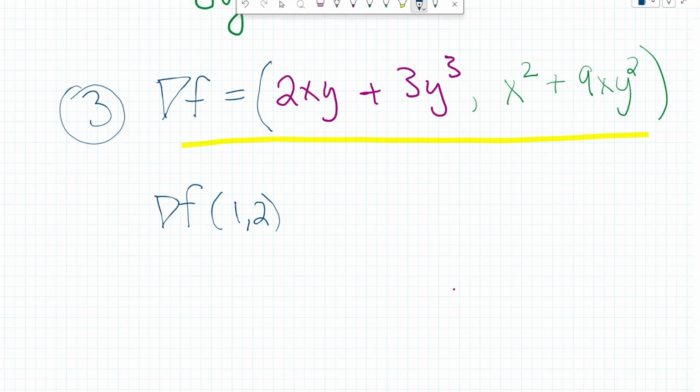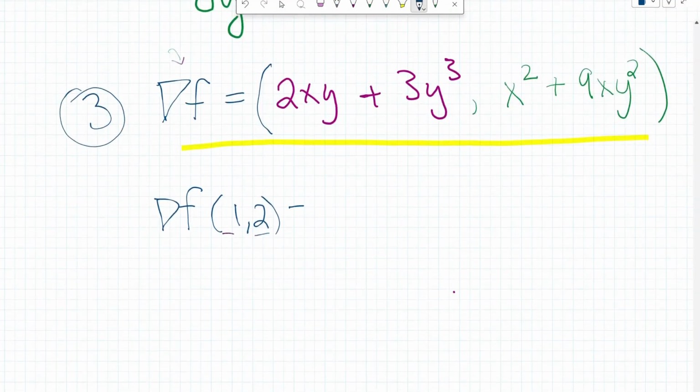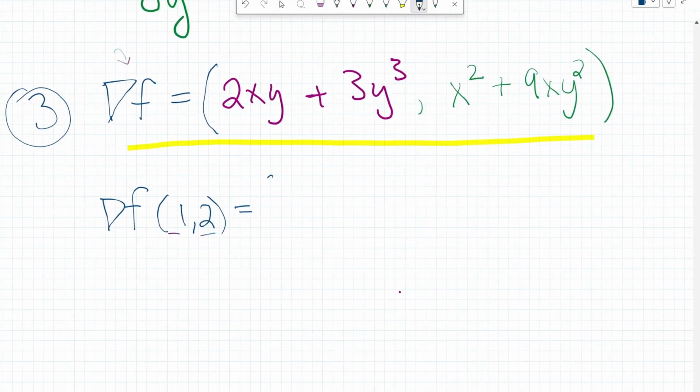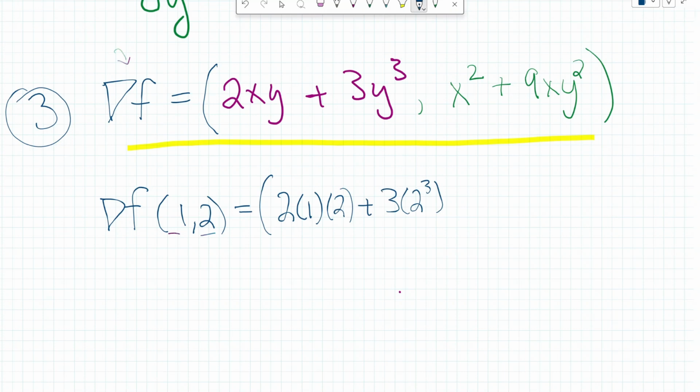All we have to do is plug in our values, 1 and 2, into our gradient. So then we have 2 times 1 times 2 plus 3 times 2 cubed. And then for our y component, we have 1 squared plus 9 times 1 times 2.